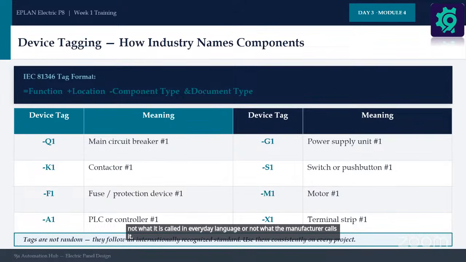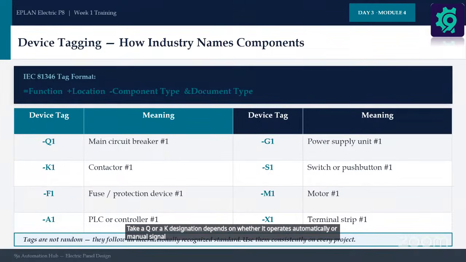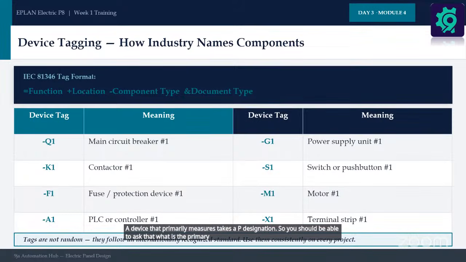A device that primarily switches takes a Q or a K designation, depending on whether it operates automatically or by manual signal control. A device that primarily protects takes an F designation. A device that primarily measures takes a P designation. So you should be able to ask, what is the primary function of the device? Why am I putting it here? What is it doing here?